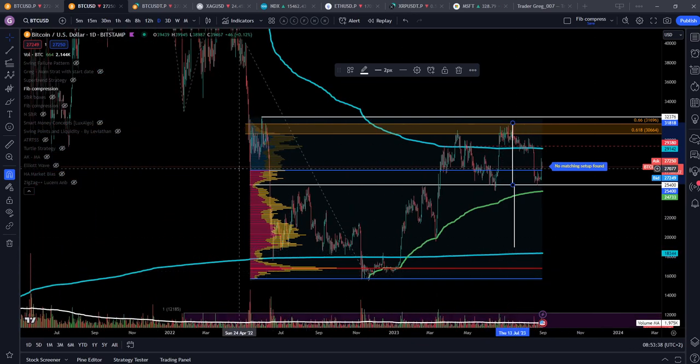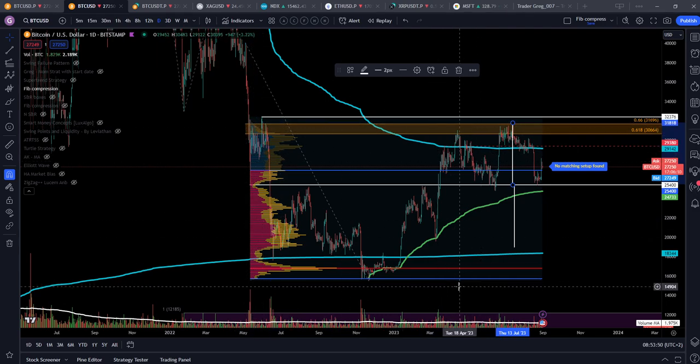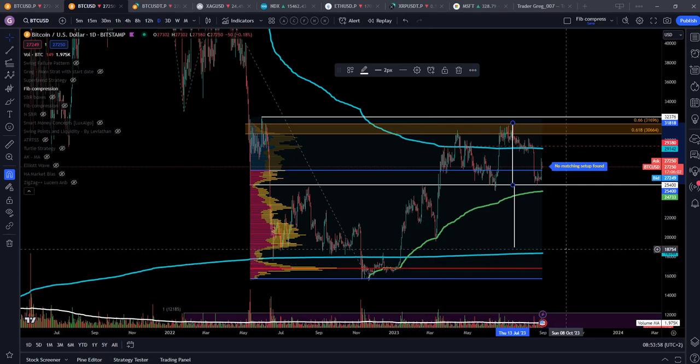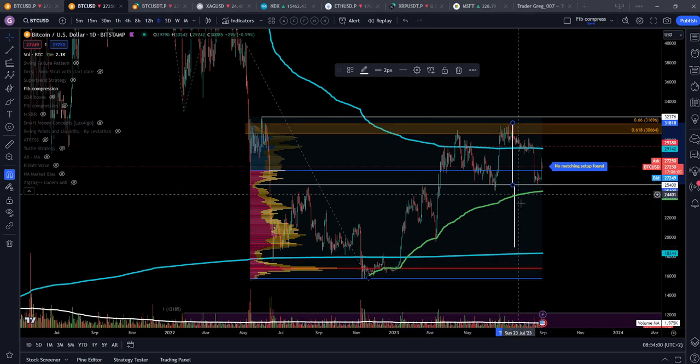Now that's interesting because if we take the volume profile from here till today, let's call it a range, then we can see that most of the people have been transacting at the bottom. So it can very well be that indeed we will retest that zone.